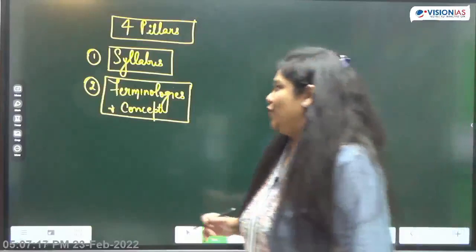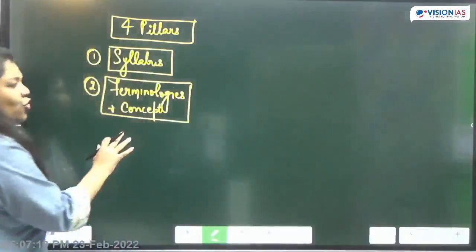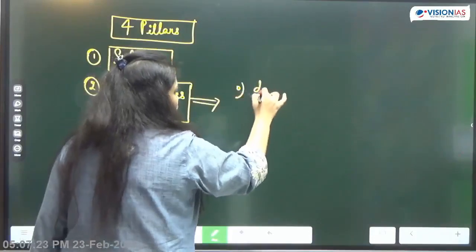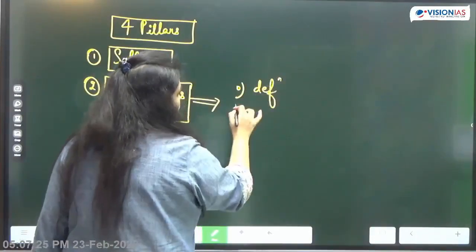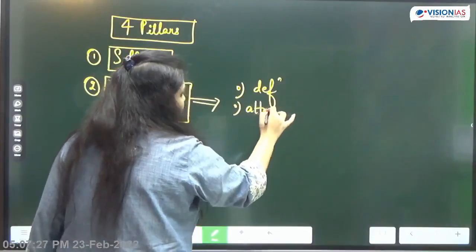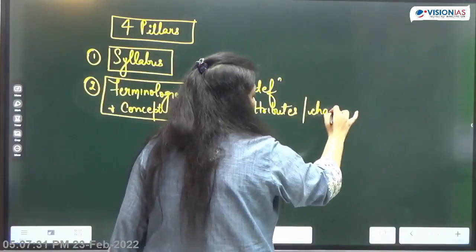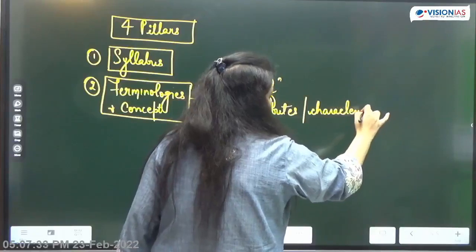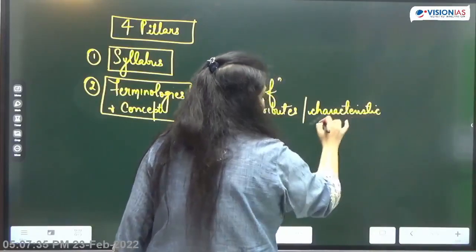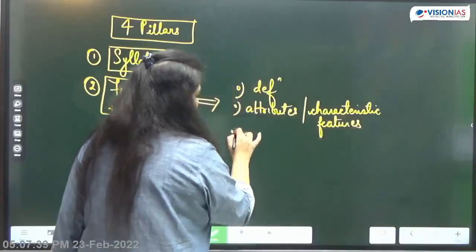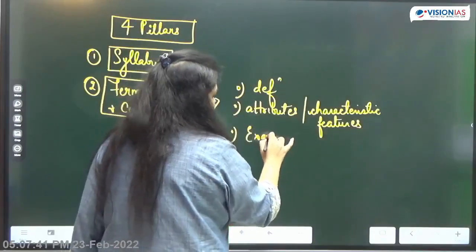I'll tell you how. If there is any terminology or concept, you need to prepare, first of all, the definition. You need to prepare the attributes, or let us say, the characteristic features. Third, you are going to prepare your examples.